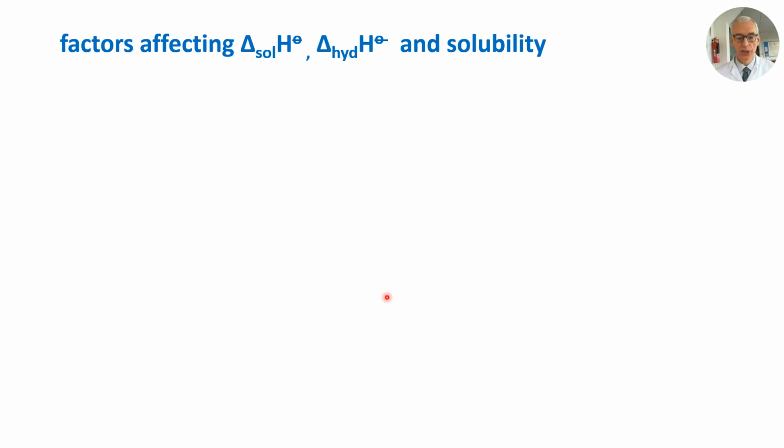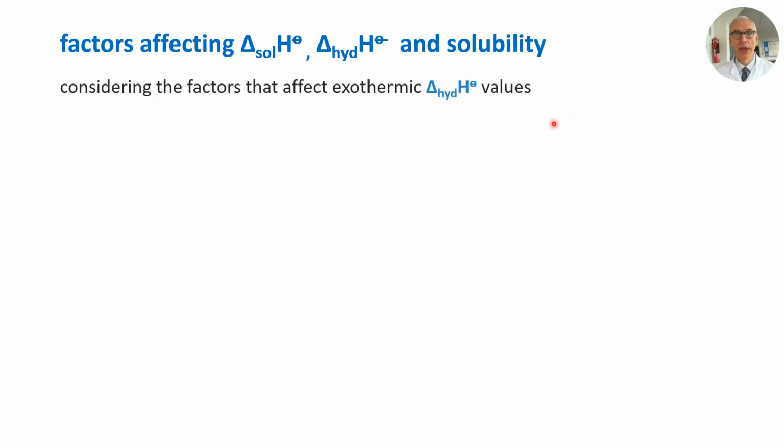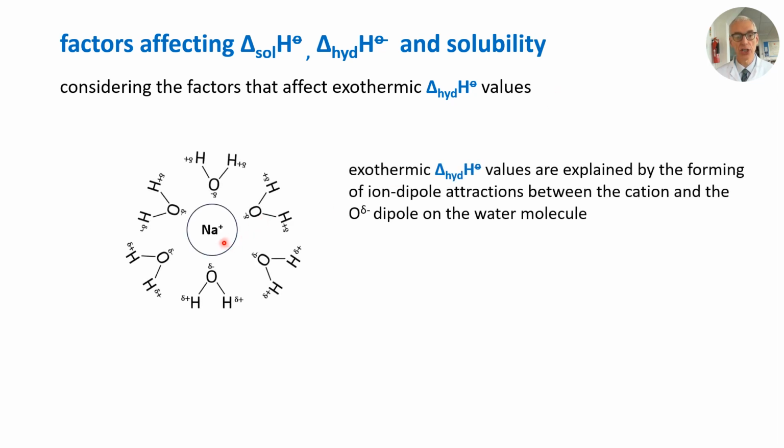So let's consider the factors that affect the enthalpy of hydration values, which of course are all exothermic. That's because attractions are formed between positive ions and the negatively polarized oxygen atom in the water molecule. So oxygen delta minus dipole forms electrostatic attractions and surrounds a central metal ion, which of course is positively charged.